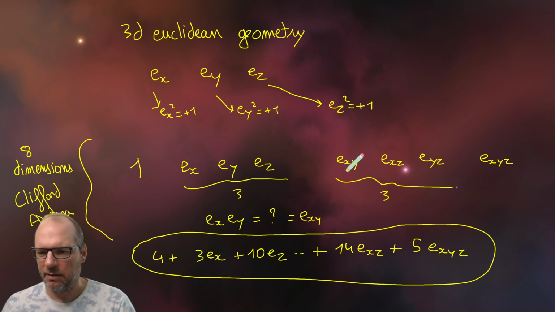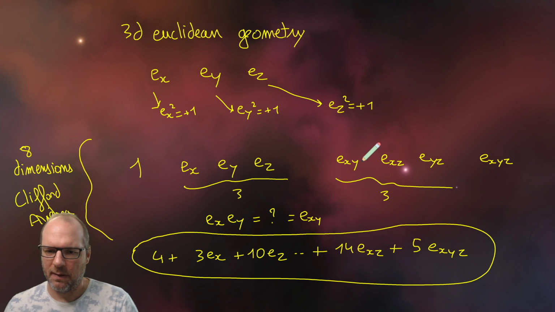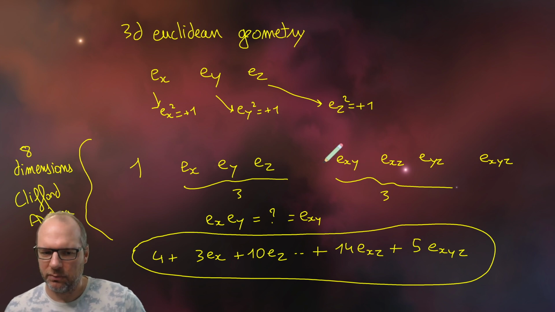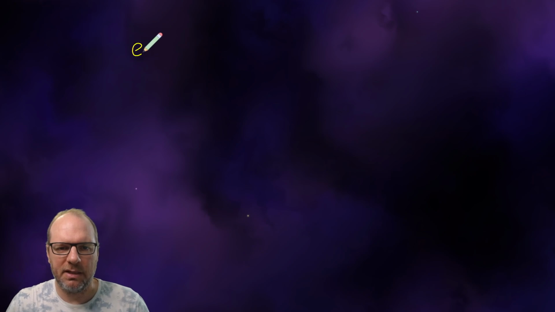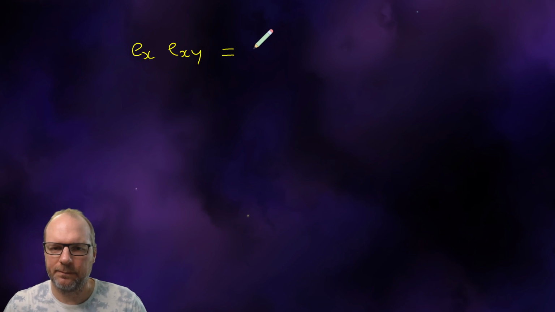And no more than 8, because if we multiply our new symbols together, we won't be able to construct new symbols. For example, if I multiply e sub x times e sub xy, we will find e sub x times e sub x e sub y.